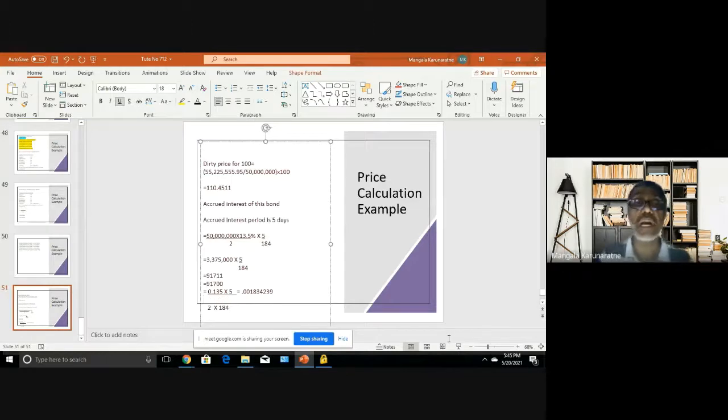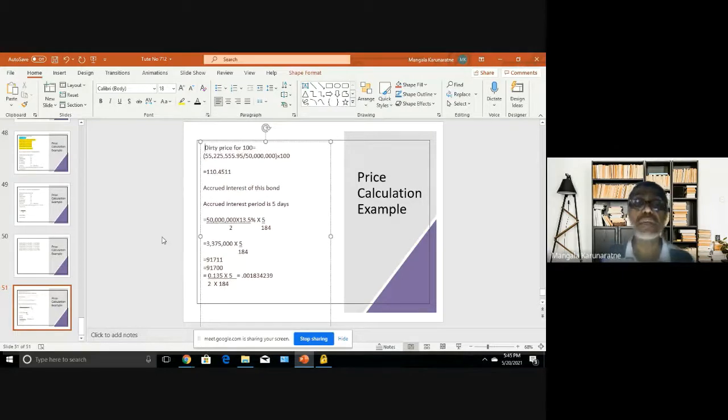now from this answer, we have to take how many decimals? We take 6 decimals. So 0.001834, right? This into 50 million is the accrued interest amount.